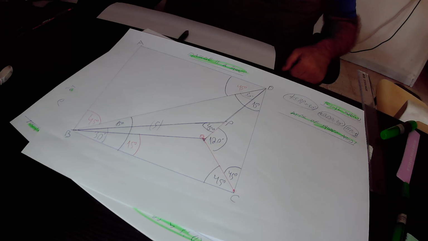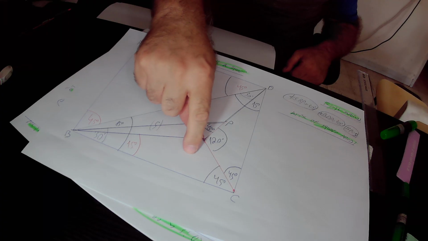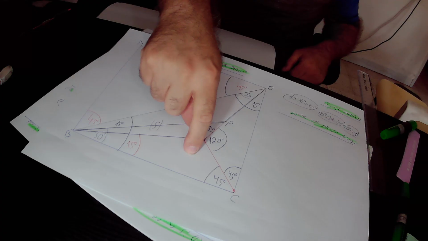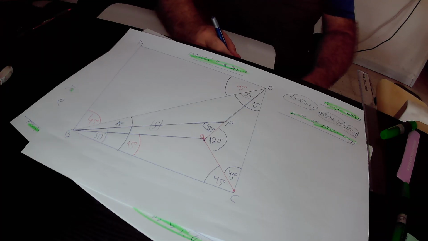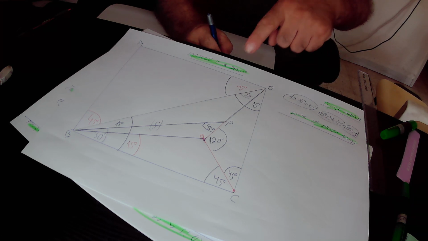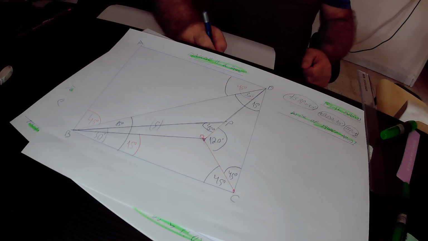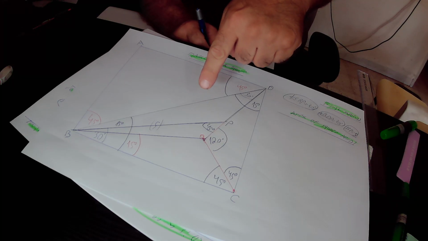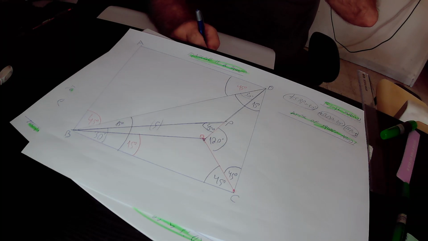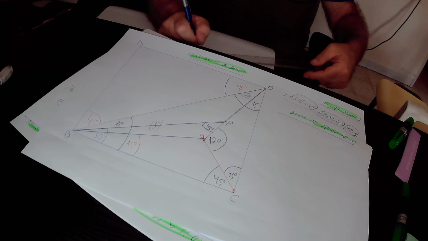This can go into this angle BPQ according to the angle side angle rule. So we prove that those two right angles can go into each other. So triangle BCQ can go into triangle BQP according to the angle side angle rule.